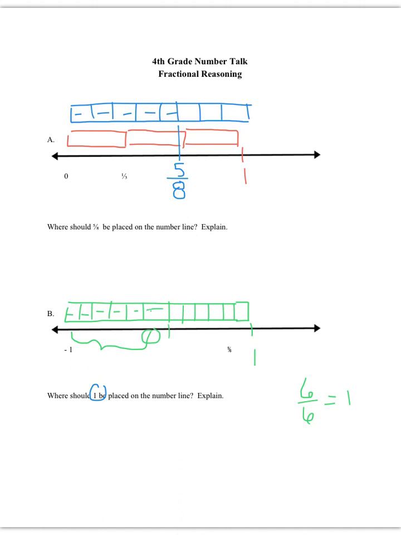So there's my 0, and that roughly falls between -1 and 0. What falls halfway in between? So I know just that spacing is about the same distance as that spacing, or I can go back and say, well, 1, 2, 3, 4, 5. There's my 5/6 plus 1 more. 6/6 again is 1 whole. So that's roughly where my 1 would fall. Maybe a little to the left.